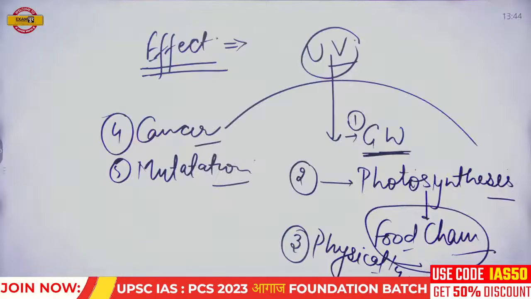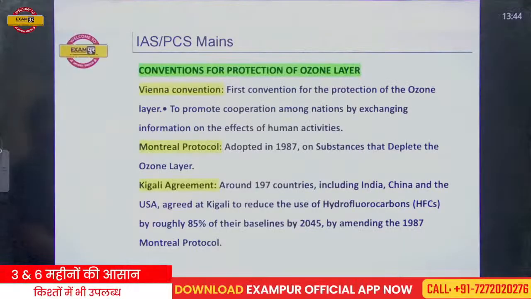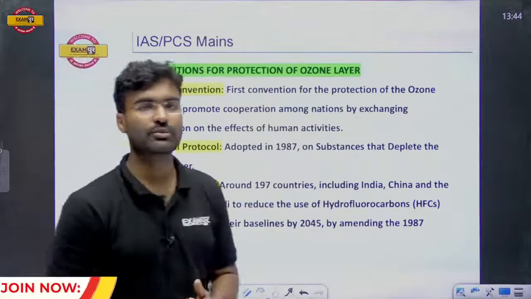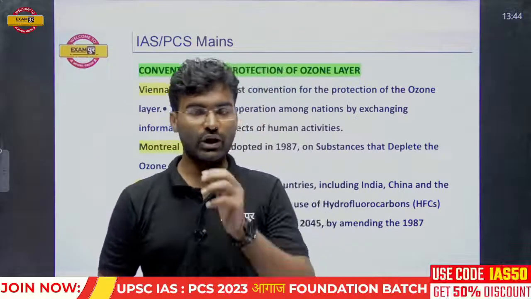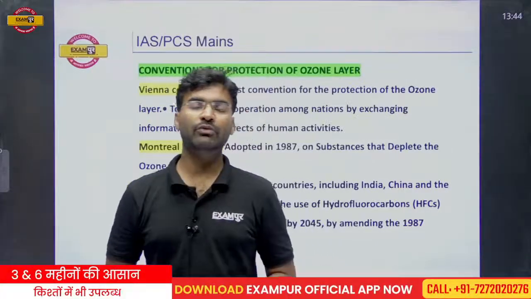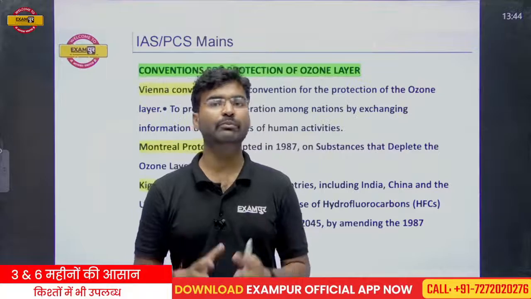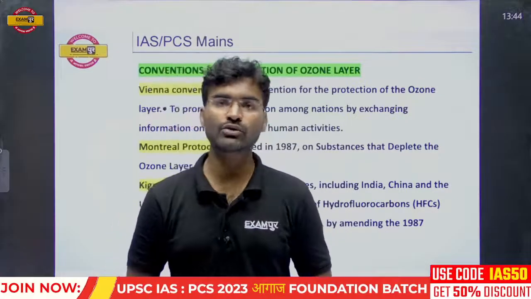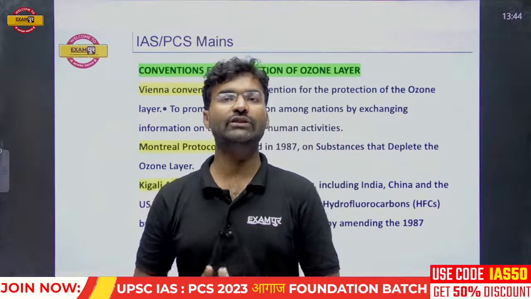Okay. So next, what are the conventions that have been held for the protection of the ozone layer? At the global level, the very first time the global countries convened at the same place for the protection of the ozone layer, that place was Vienna.